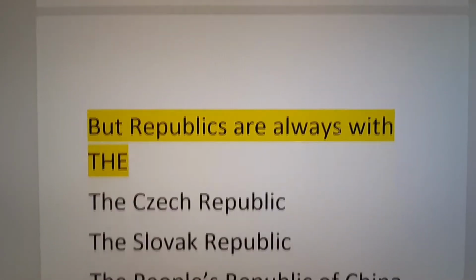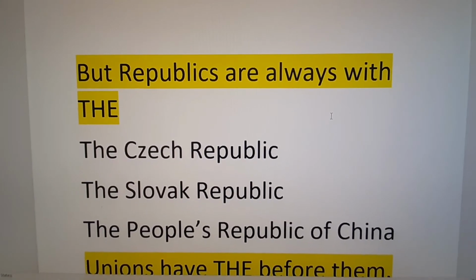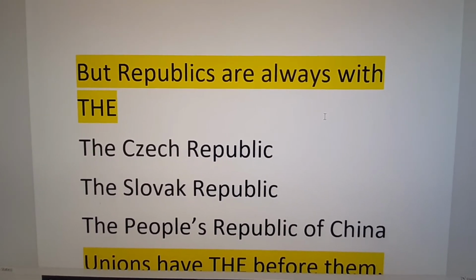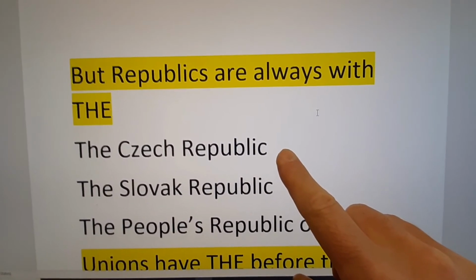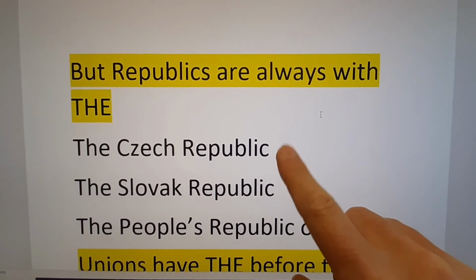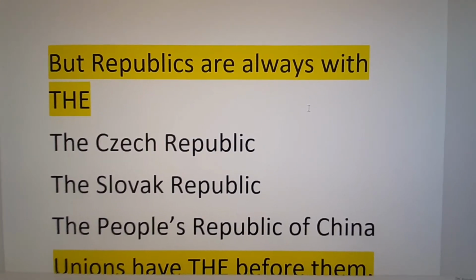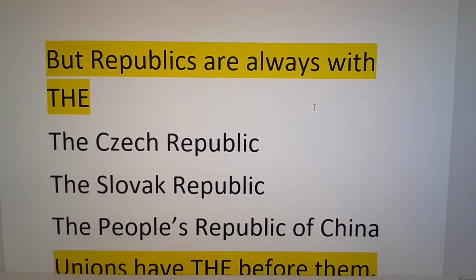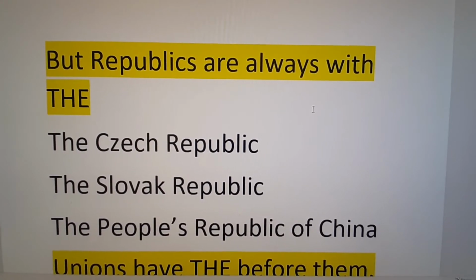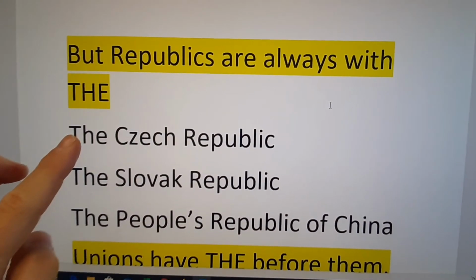Let's move on here. Now, if you have a republic, republics are always with the. So, Slovakia or the Slovak Republic. The same with the Czech Republic. This is a very common error in English. I hear many Slovak people say, I am going to Czech this weekend. No. I am going to the Czech Republic.